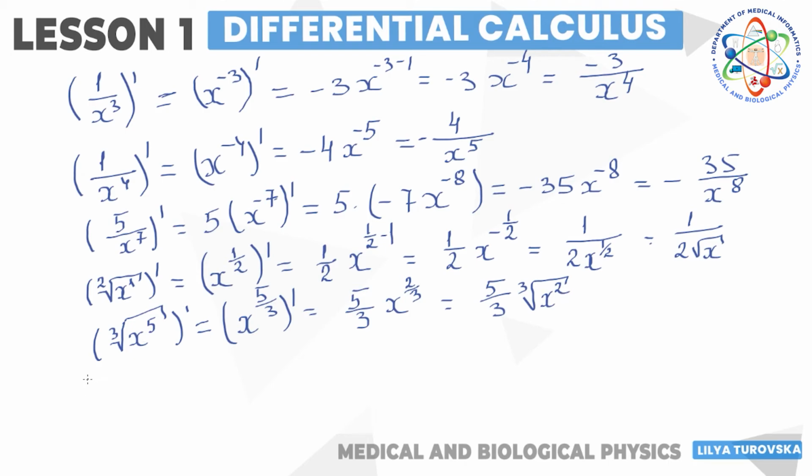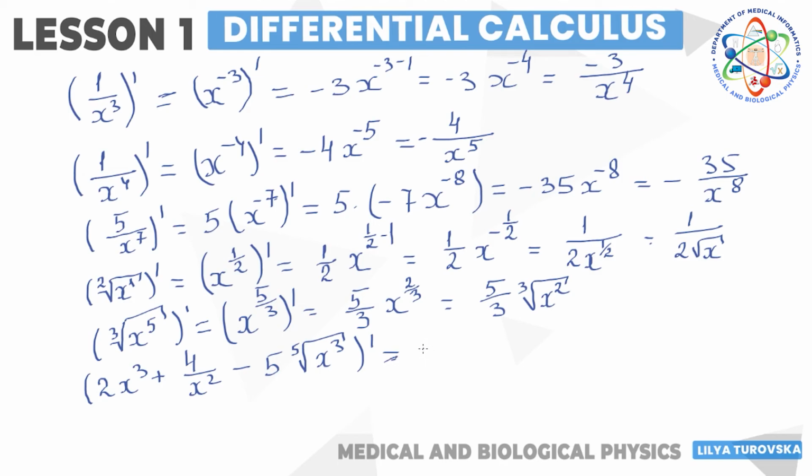And let's consider one more example for a polynomial function. We will get 2x cubed plus 4 over x squared minus 5 times the fifth root of x cubed. And let's find this derivative using all we already considered before.